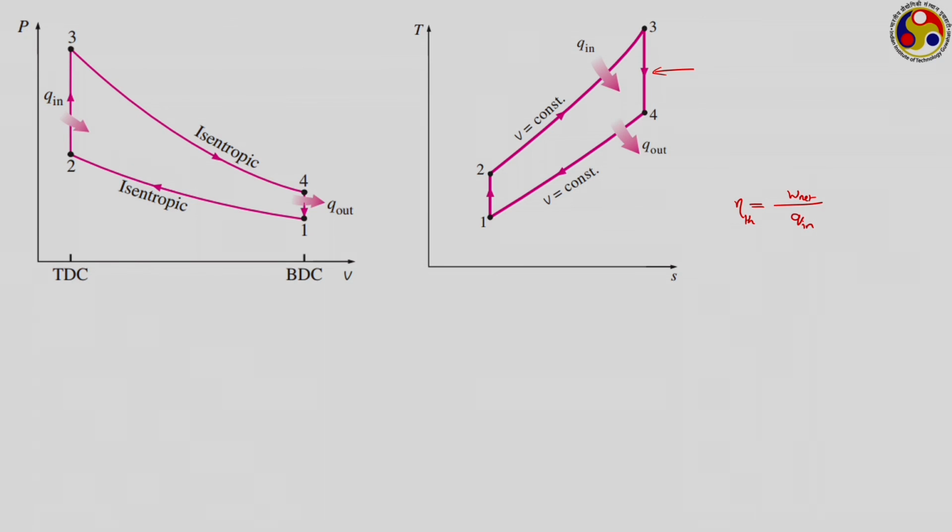Here we are using small w and small q to denote per unit mass, and using the first law expression, we can write this as q out upon q in. So, we have to get q out and q in.